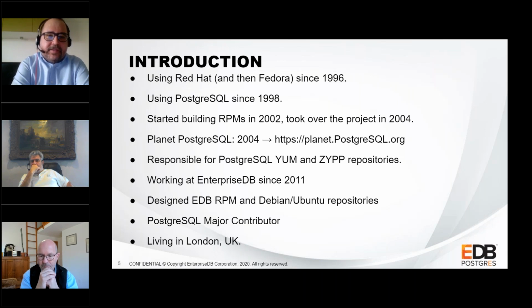Actually, that was for myself only because I needed some packages that weren't available for the Linux distribution that I was using. And then I took over the project about 2 years later. The same year, I started the Planet Postgres project. It was a completely separate project, and then it got merged into the PostgreSQL.org infrastructure, which is awesome.